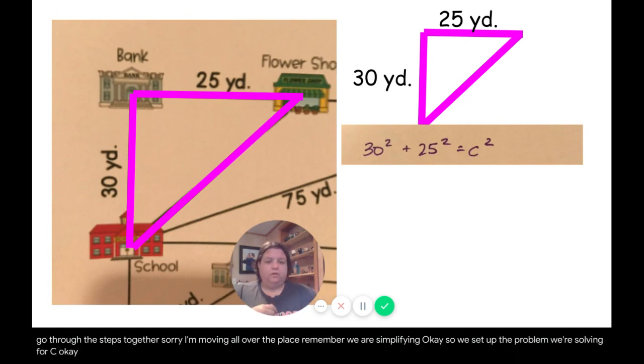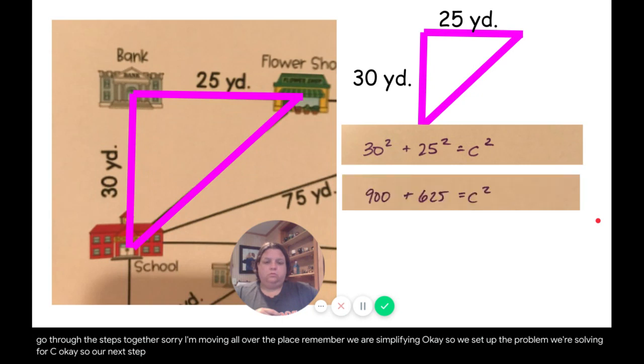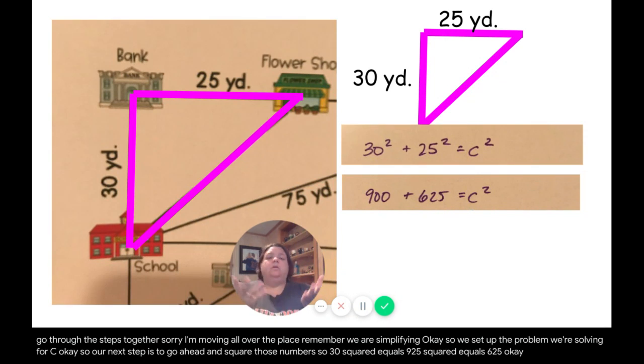So our next step is to go ahead and square those numbers. So 30 squared equals 900, and 25 squared equals 625. Okay? Next, what are we going to do?